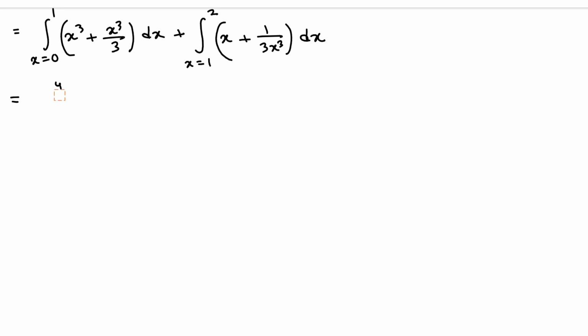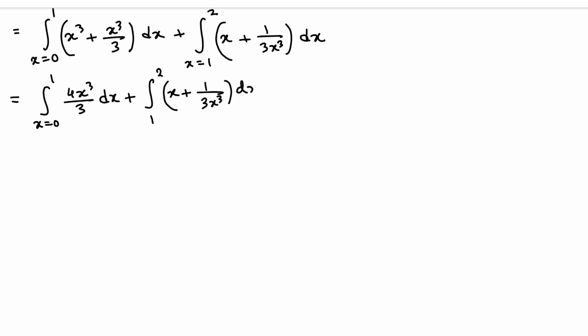Now integrate this with respect to x, so you will get x to the power 4 divided by 4, or you can just simplify first. For x equals 0 to 1, you are getting 4x cube by 3 dx, plus the integration 1 to 2 of x plus 1 by 3x cube dx.